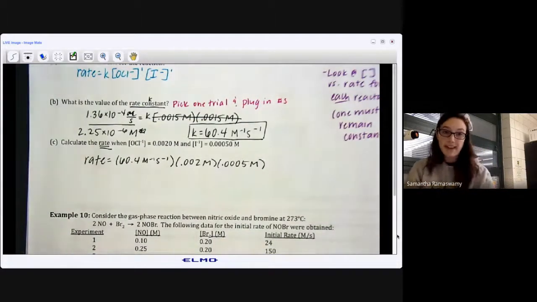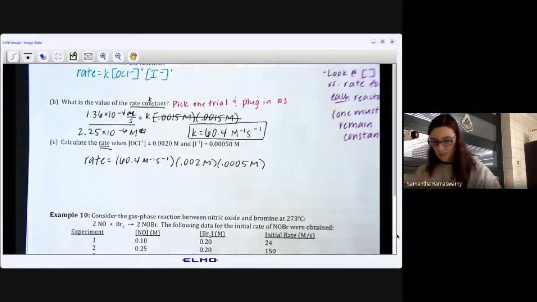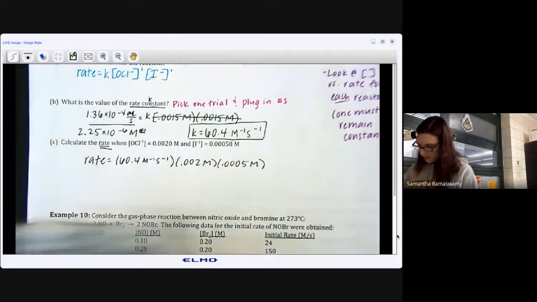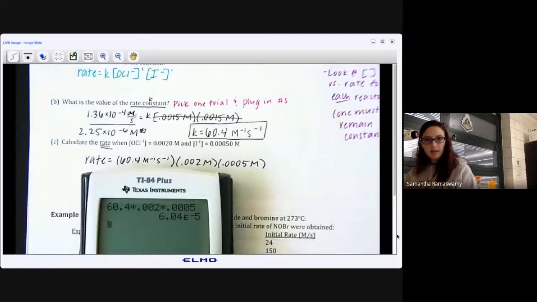Once you calculate K, it's the same because we're not going to be changing temperature yet. So then we can multiply these together. 60.4 times 0.002 times 0.0005. When I plugged those in and multiplied everything, I got 6.04 times 10 to the negative 5th.